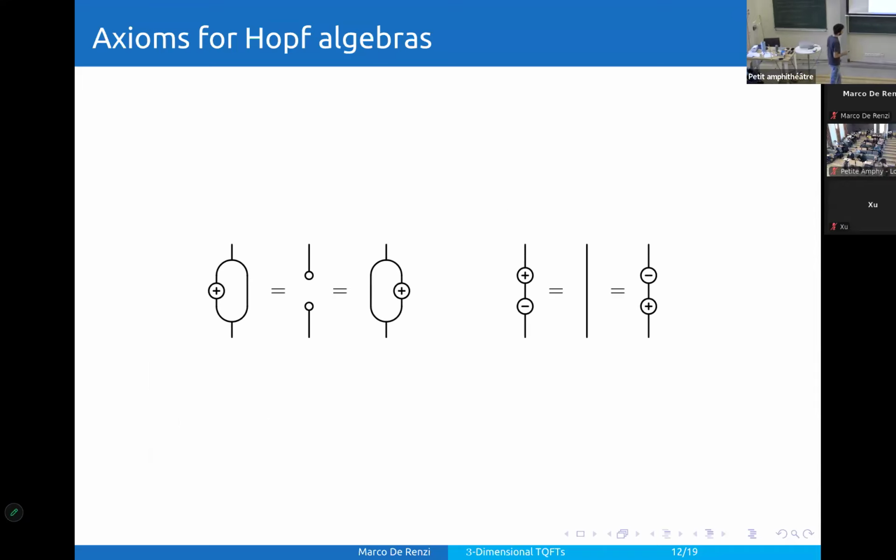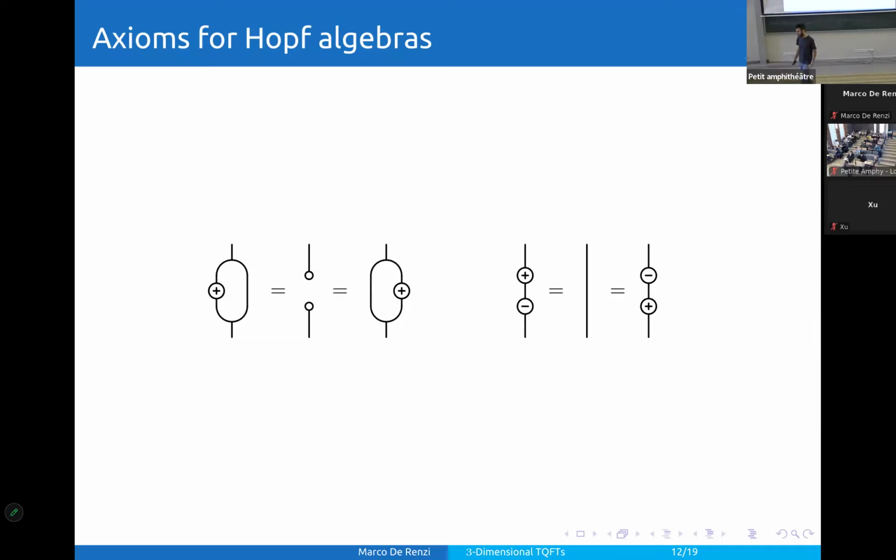And the axioms satisfied by an antipode are these. Multiplying the two components of the coproduct of an element, one of which has had the antipode applied to it, gives you co-unit followed by unit. And the antipode is invertible.